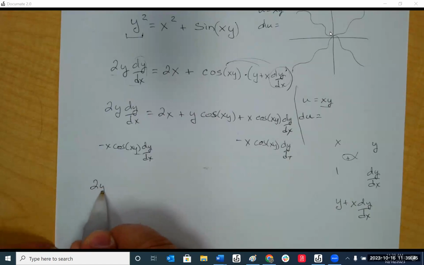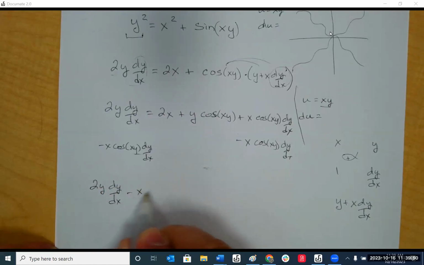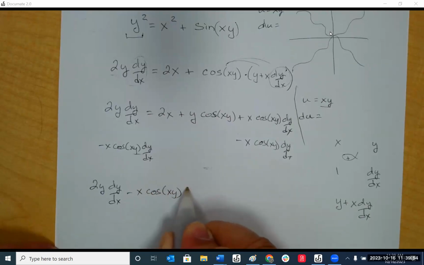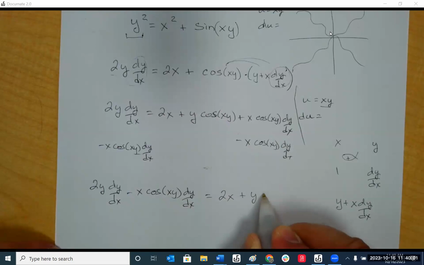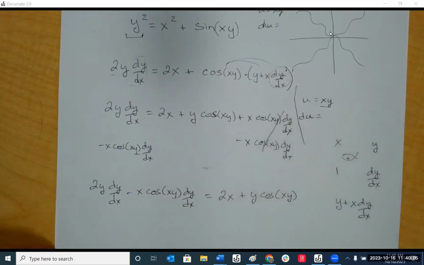We have 2y dy dx minus x cosine xy dy dx equals 2x plus y cosine xy. Those are gone.